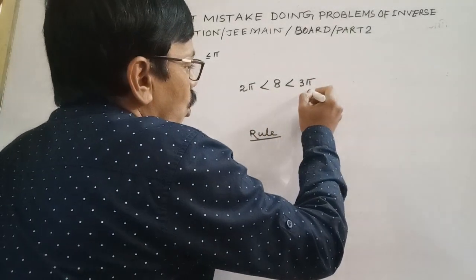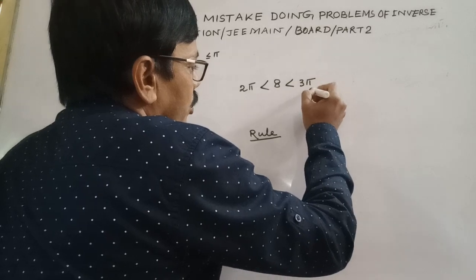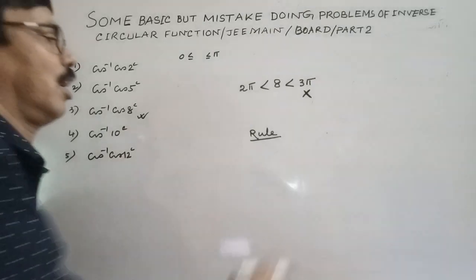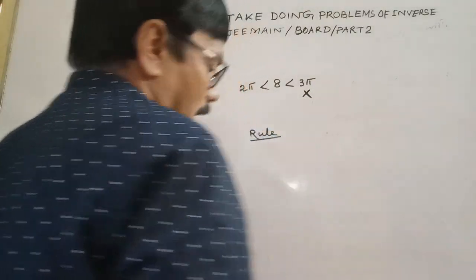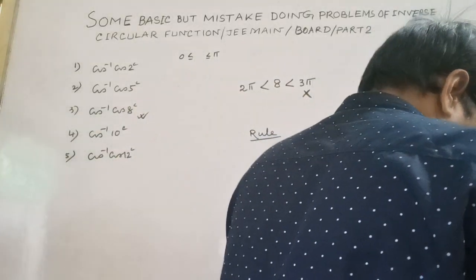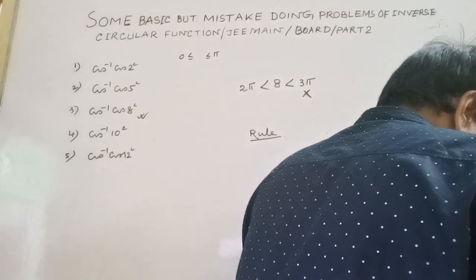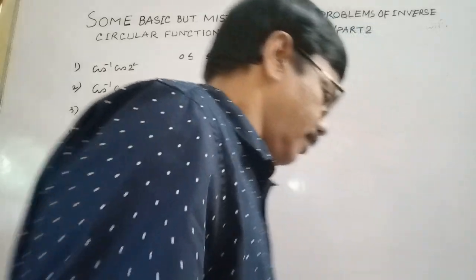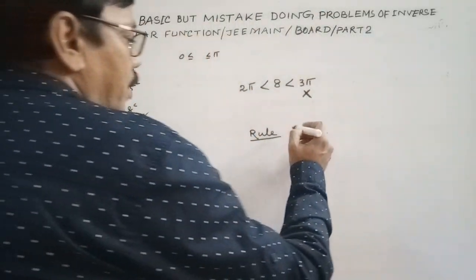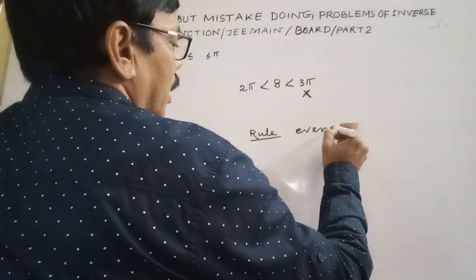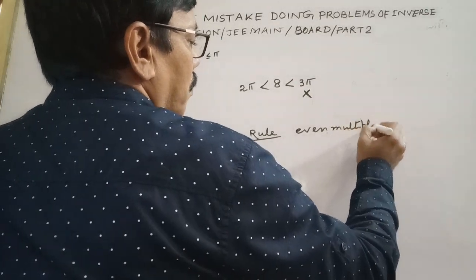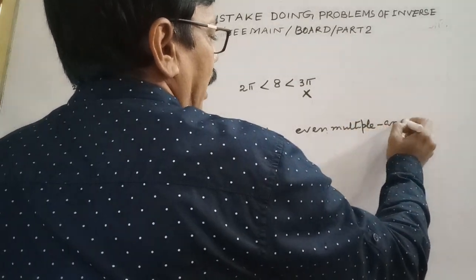If it is an odd multiple of pi, cancel it. Odd multiple of pi, so cancel the odd multiple. And what will be our answer? The answer will be even multiple minus angle.